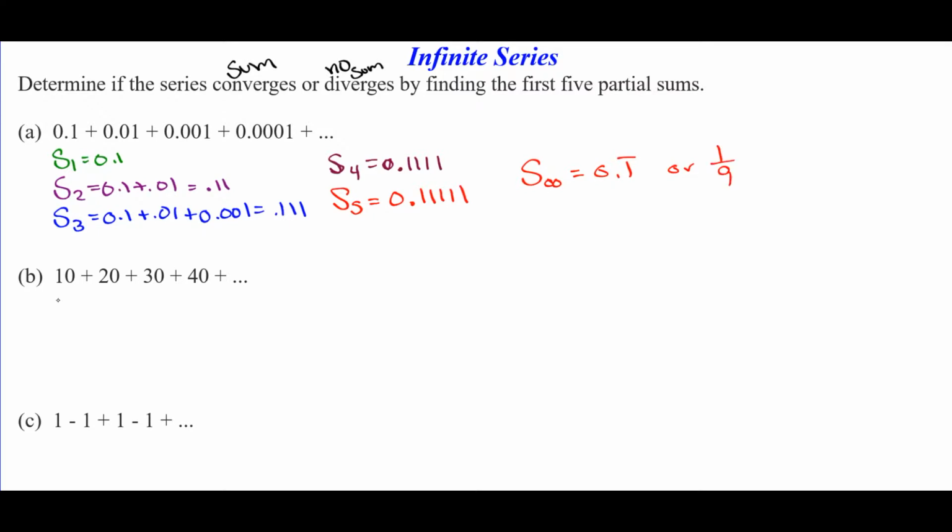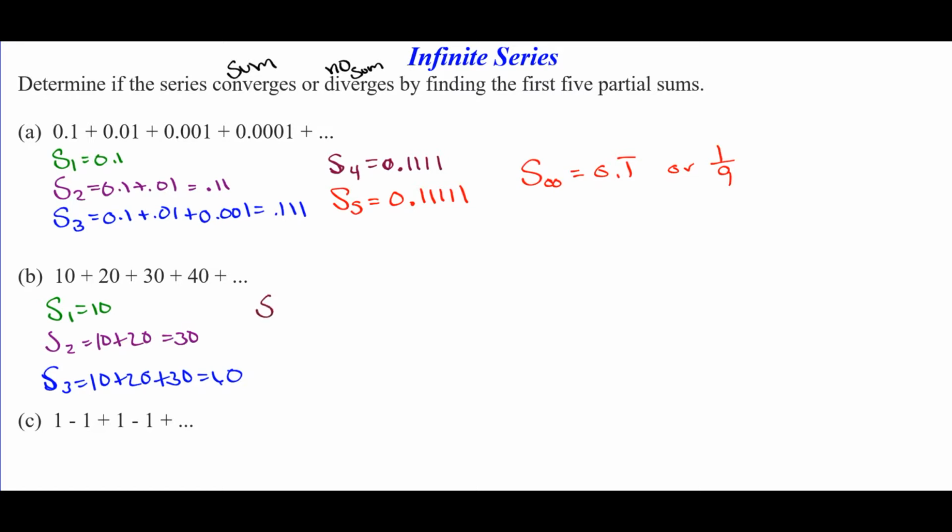So looking at example B here, my first partial sum is going to be 10. And then my second partial sum is going to be 10 plus 20, so 30. And then my third partial sum is 10 plus 20 plus 30, which is going to give us 60.